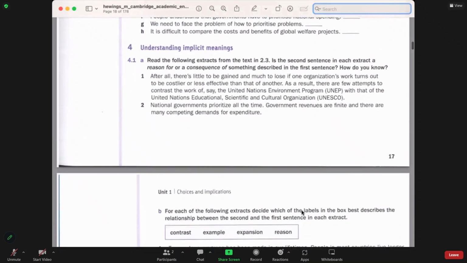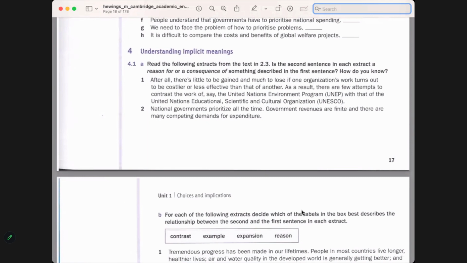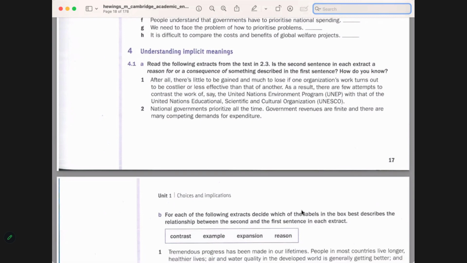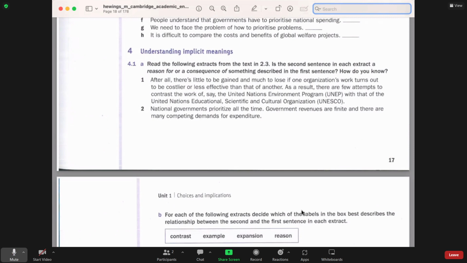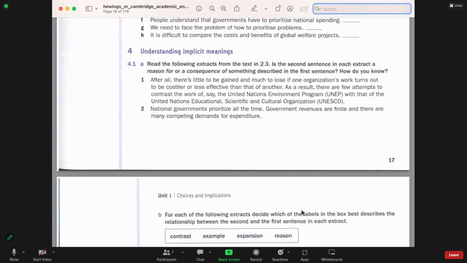Okay, the next one, we have to read 2 sentences, extracts. So there are 2 sentences in each number. And we have to decide whether the second sentence is the reason for something or a consequence of something. So what is reason? It's that which goes firstly of some situation.